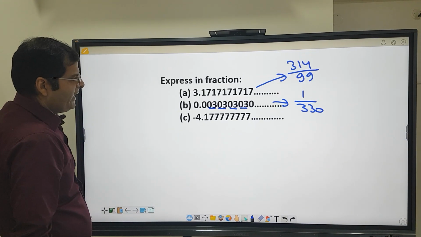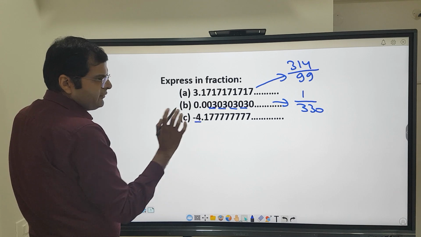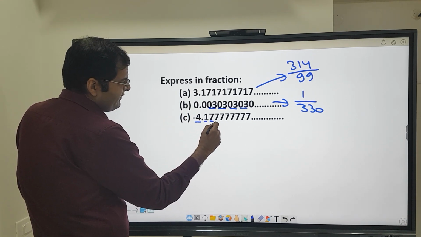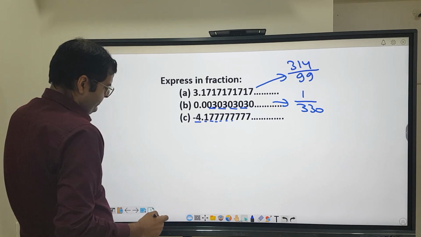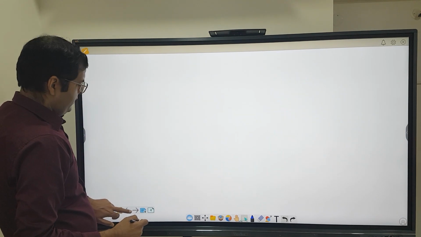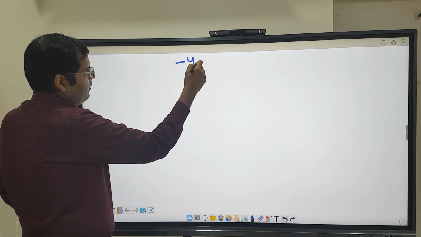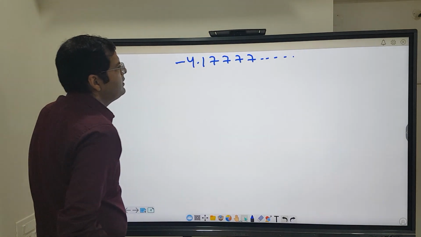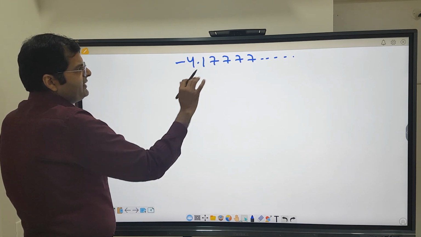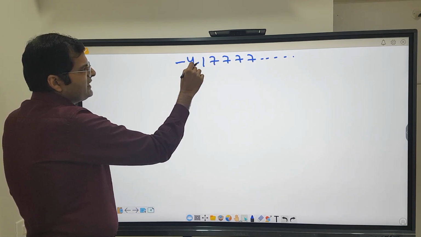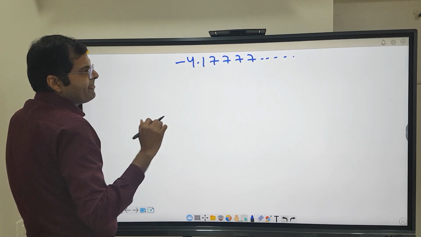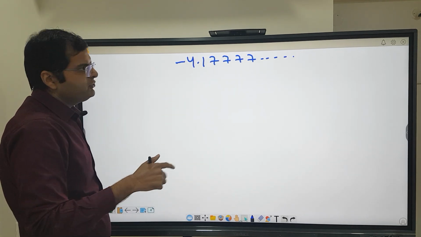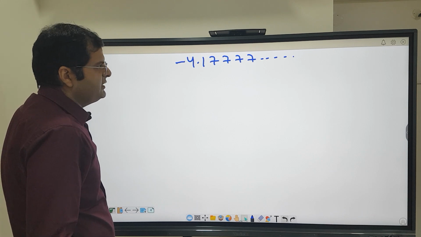Finally, this is negative 4.1 and then only 7 is getting repeated. So I will do negative 4.1777 and so on. This is a negative number and I want to change it to something positive so that I can then work it through.